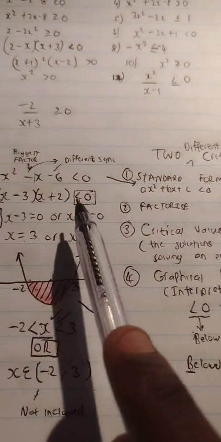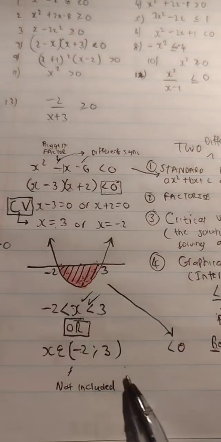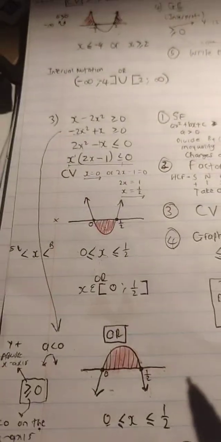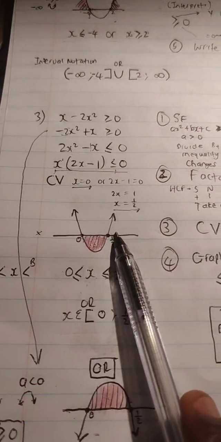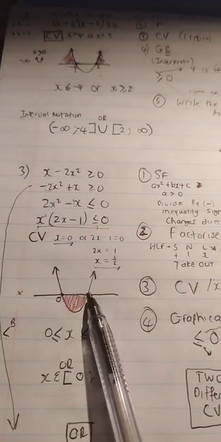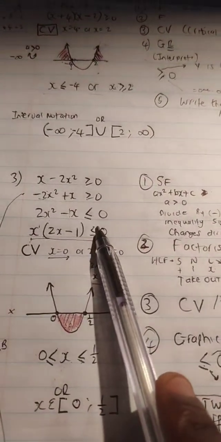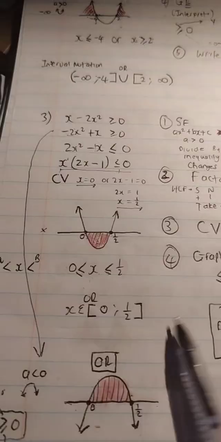We still interpret this and then write our answer accordingly. 2 critical values that were different, we interpret that, we write our answer. 2 critical values that are different, we interpret this, we write our answer.